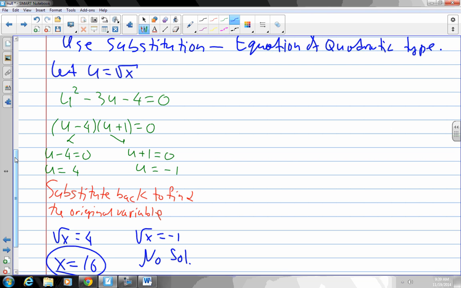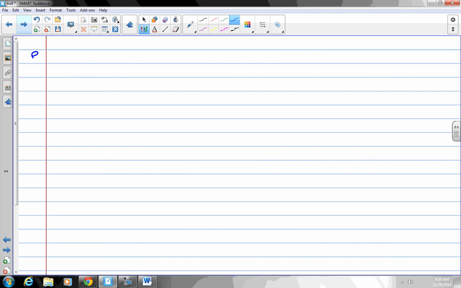Okay. Here's another example. M to the power 2/3 minus 2m to the power 1/3 minus 8 equals 0.